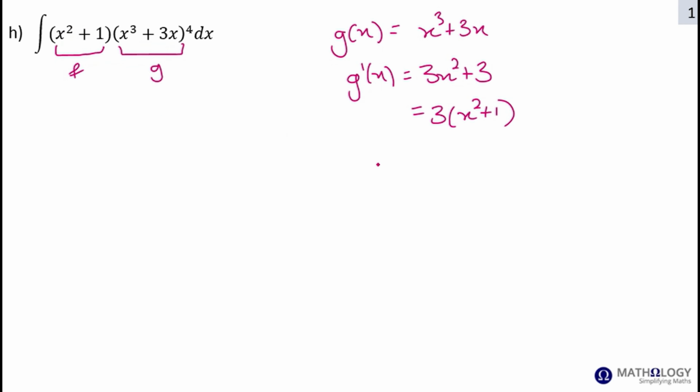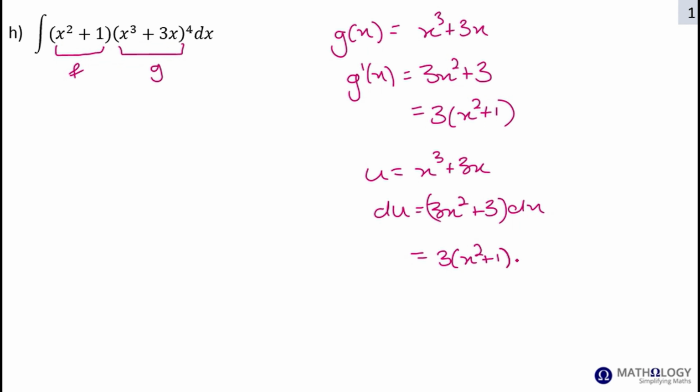So again, we're going to use the u sub. So u equals x cubed plus 3x. So du will be 3x squared plus 3 dx. And we're going to take out the 3. 3 times x squared plus 1 dx. So that will be du. So we have the integral of x squared plus 1, x cubed plus 3x is u. So we have u to the 4.